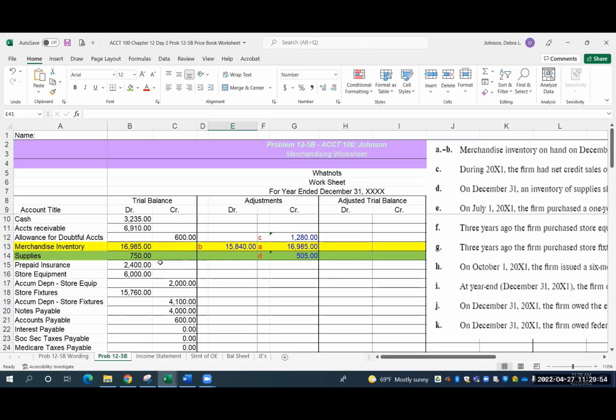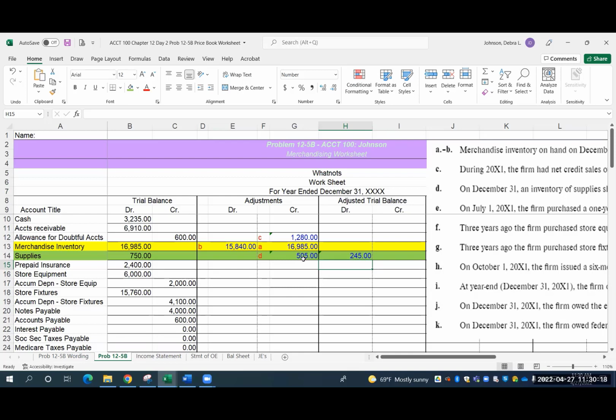And to make sure that's right, if you want to do the math across on this right now, you can. When I take 750 and I subtract out the 505, when I do the horizontal math in a moment, it's going to be 245. That tells you that you did it correctly. We'll do the horizontal math in a moment for the rest of the accounts. We got to get through the adjustments first.